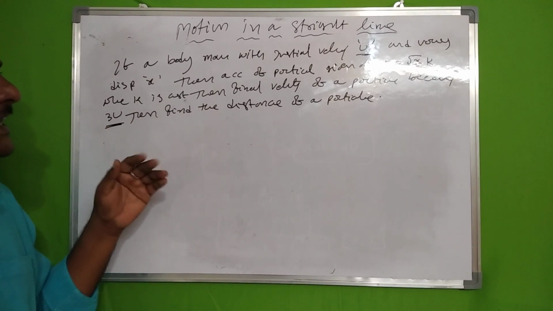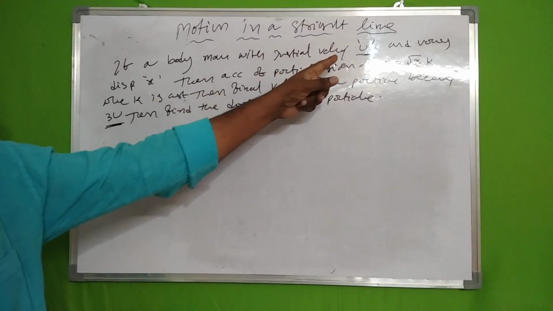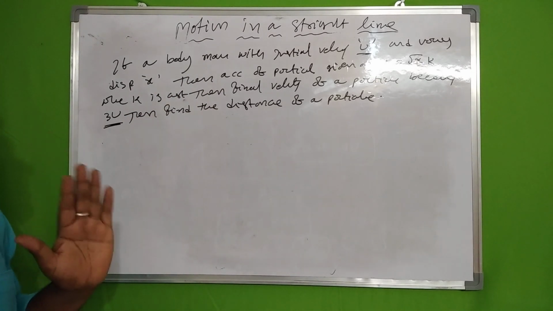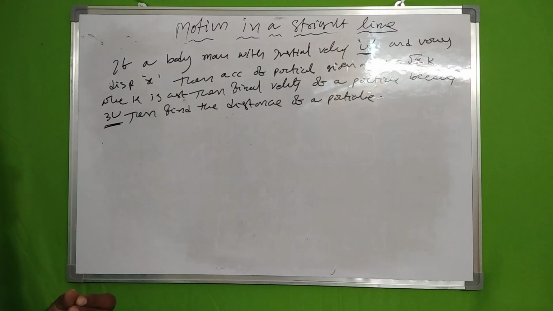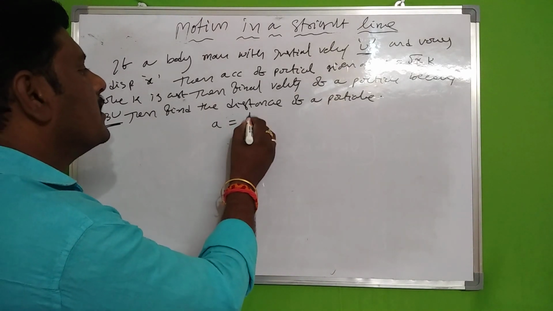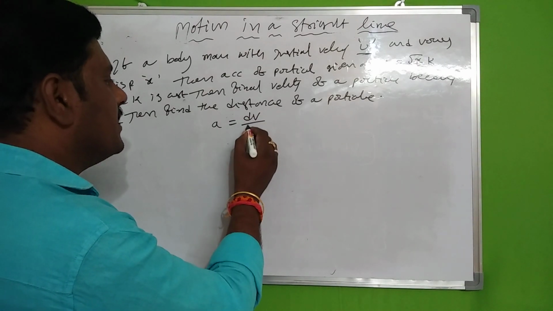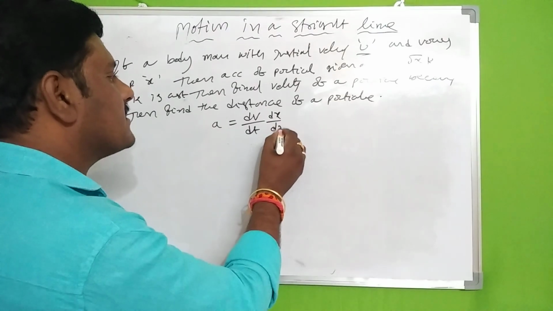So, at a particular velocity, the initial and final positions and acceleration are given. We know that instantaneous acceleration a equals dv by dt, which we can write as dv by dx times dx by dt.